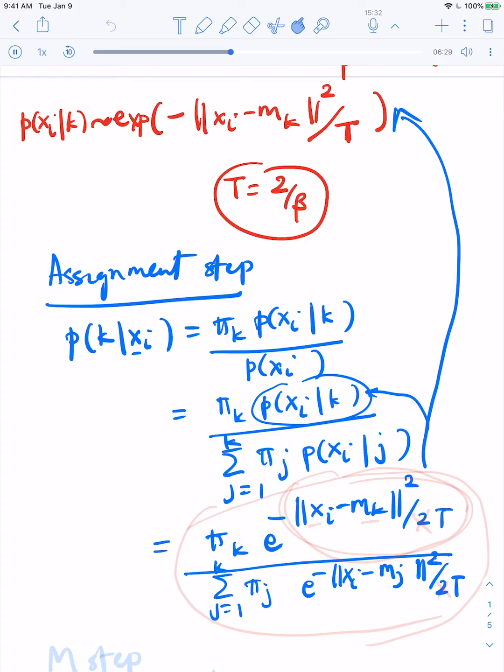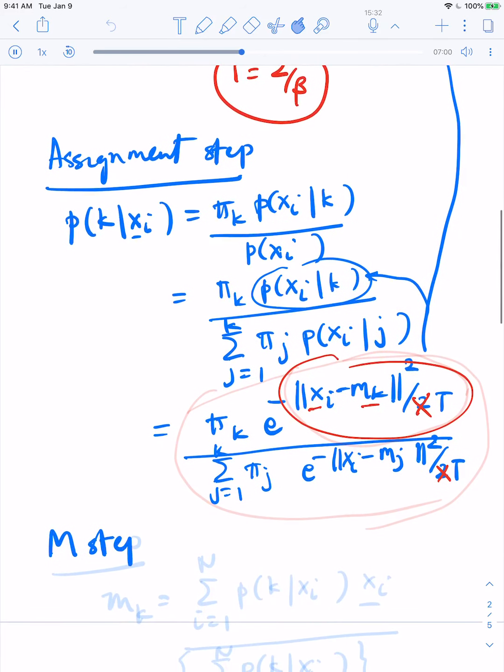I no longer have to do a covariance inversion to compute the exponential term in the density. It's just the distance squared from the cluster center divided by the temperature. I'm sorry, this should not be 2t according to my notation. The 2 should not be there, the way I have defined temperature.